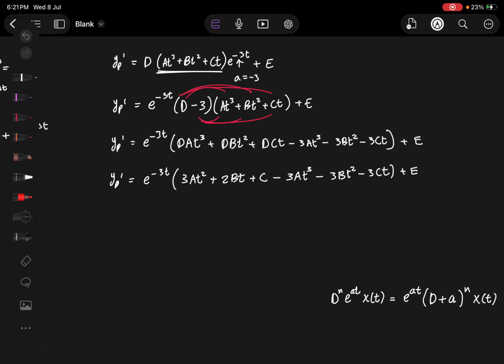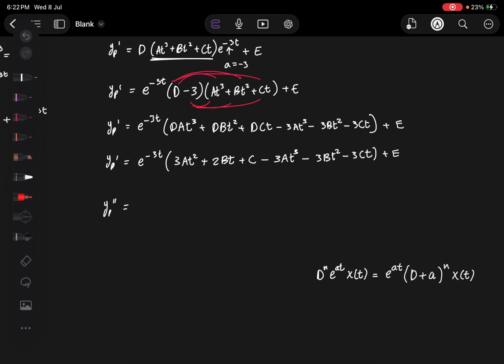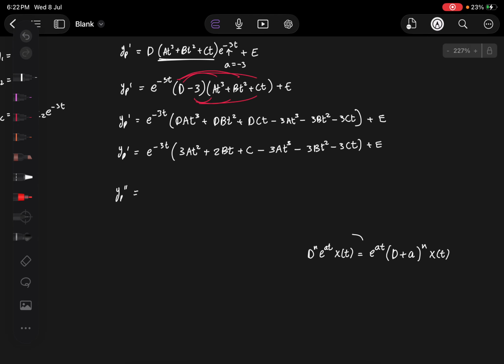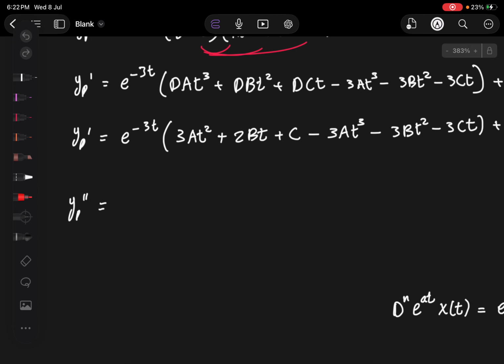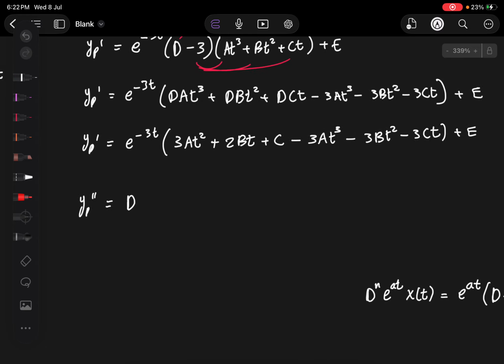And if you want to take this one more time, because you need to find the second derivative, again you use the D operator. Well, you can combine these two, but you have to combine like unknown coefficients, which I don't like, so just leave it as is.